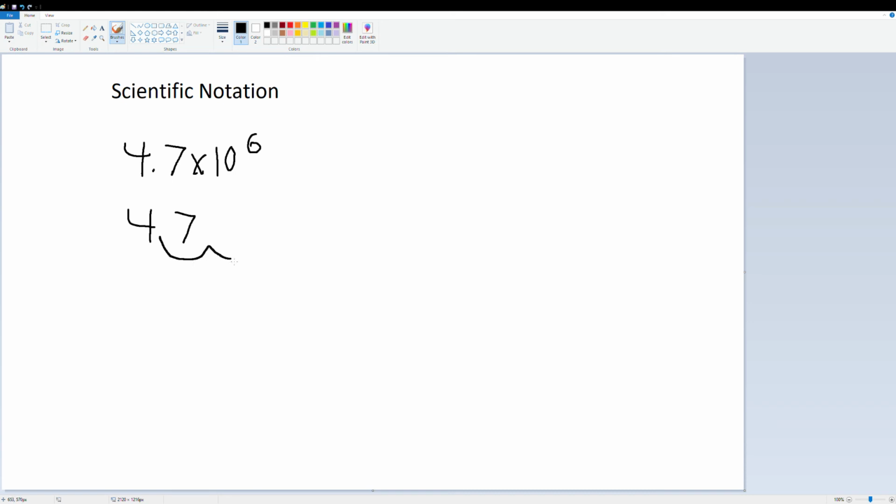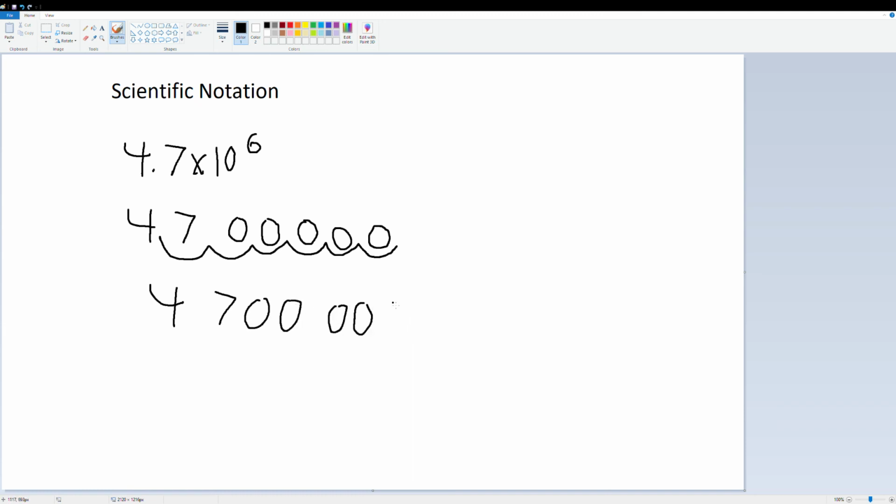Move it once, twice, 3 times, 4 times, 5 times, 6 times. Now you can just fill in the zeros in these gaps here, 5 zeros. Then we can simply write that out now as 4,700,000.